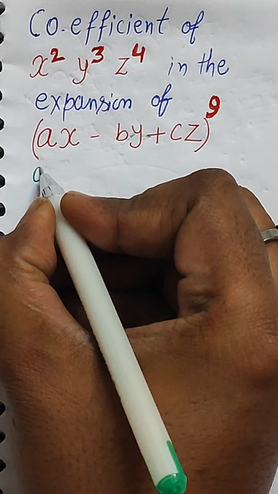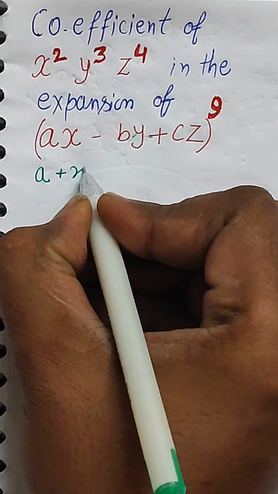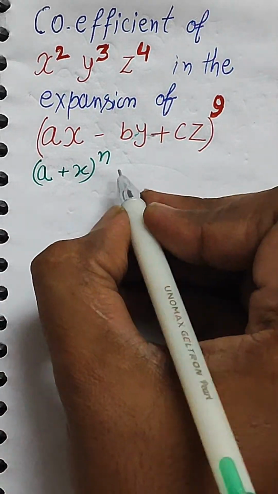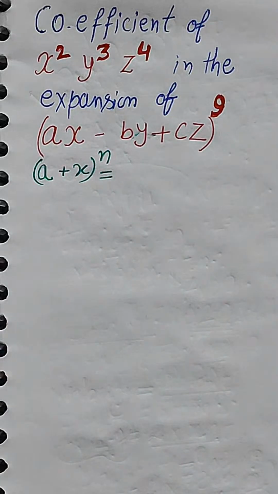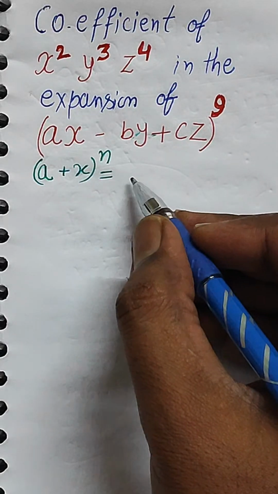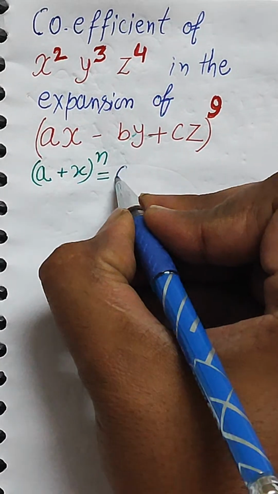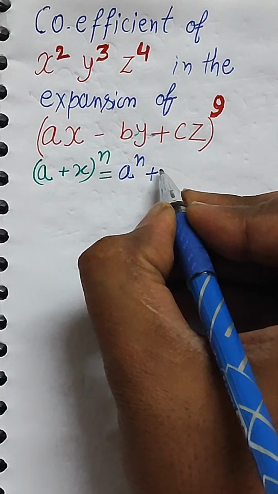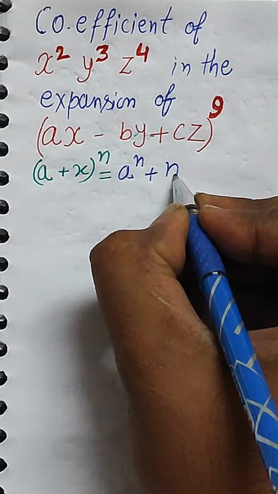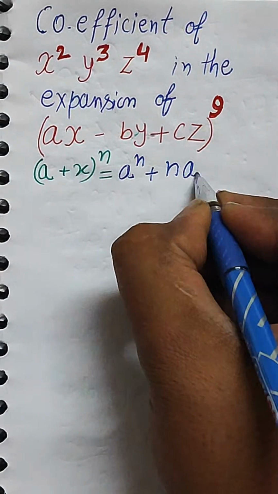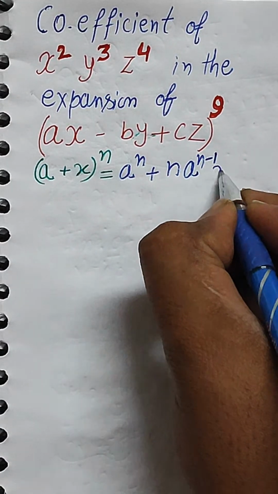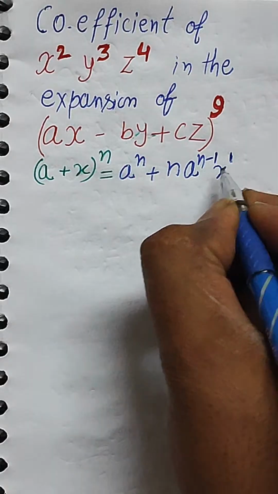If the expression is in the form of (a + x) power n, then the binomial theorem says that it can be expanded as a power n plus nC1, a power n minus 1, x power 1.